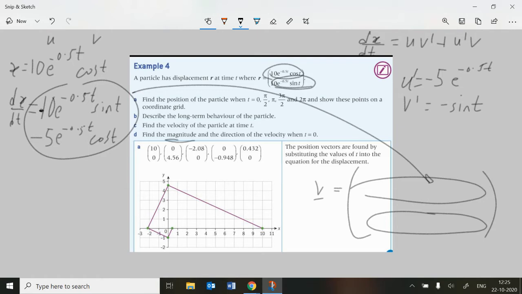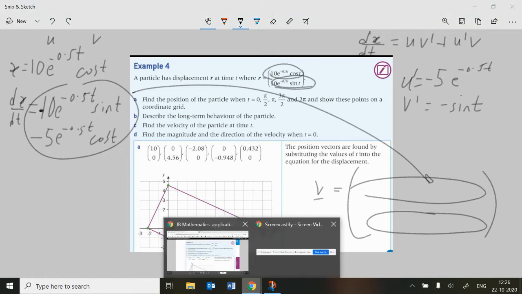And when you want to find the magnitude, that's just applying Pythagoras to a vector, and the direction, obviously, if you've got your vector like this, then if you split it into its component parts, say this is 5 and this is 10, then you can use tan 5 divided by 10, so tan to the minus 1 of that, in order to work out the angle.